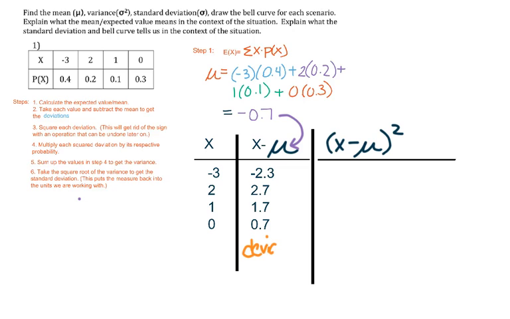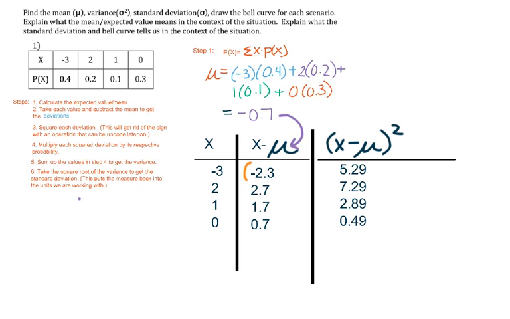So we just calculated the deviations by taking each value and subtracting the mean. That's basically how far each of these values are from the mean. So for instance, negative 3 is 2.3 below the mean. 2 is 2.7 above the mean, etc. The next step is to take the deviations and square them.